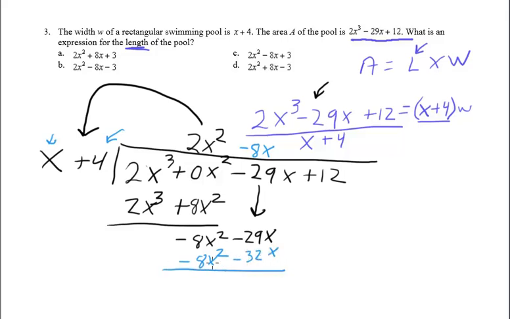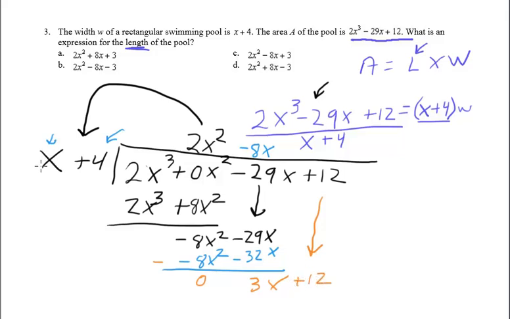Again, I subtract, and this negative 8x squared minus a negative, that becomes 0. Negative 29x minus a negative 32x is a positive 3x. Bring down my last term, plus 12.